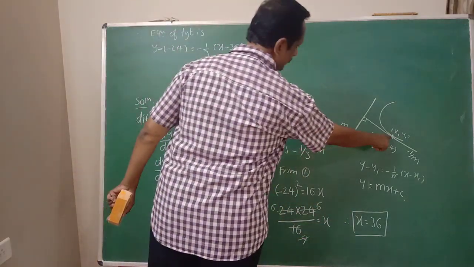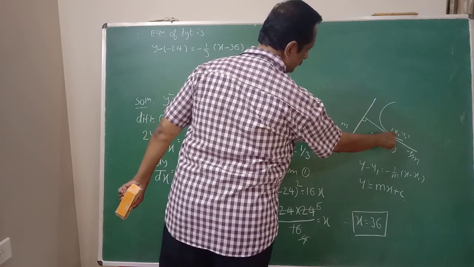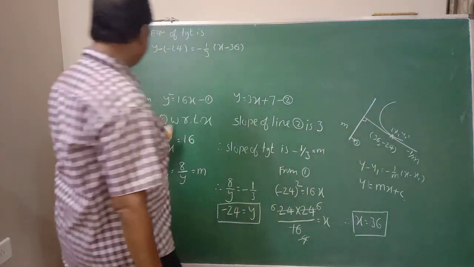The point of contact is 36, minus 24, so x1 is 36 and y1 is minus 24.